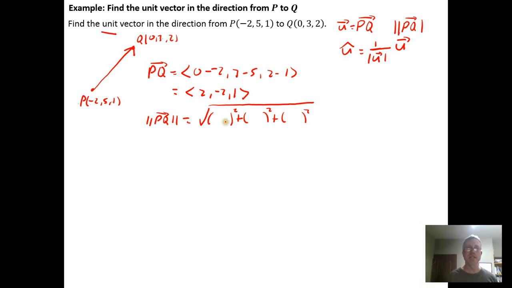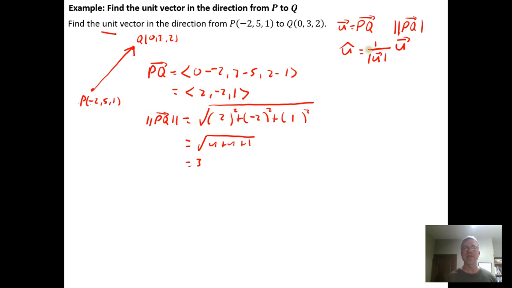So we need to square the x component, we need to square the y component, and we need to square the z component, add them all up, and then put it in simplified radical form. So we get 2 squared is 4, plus -2 squared is 4, plus 1 squared is 1, and then this adds up to 9, so we get the square root of 9 is 3. So there's the size of PQ.